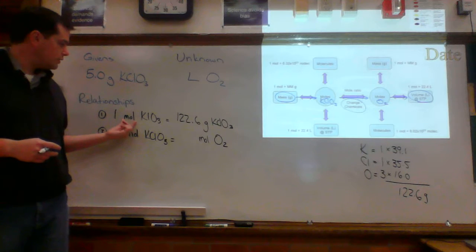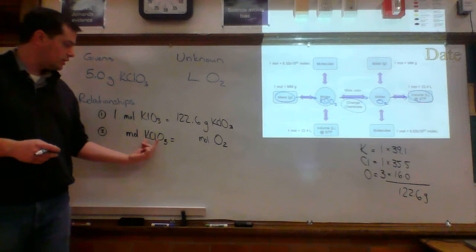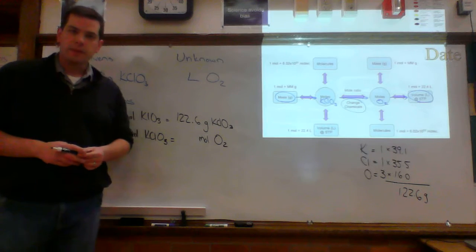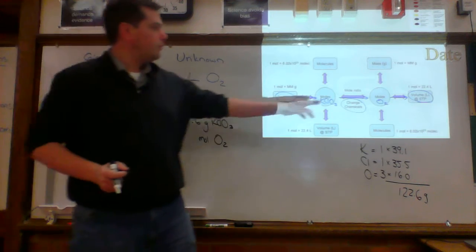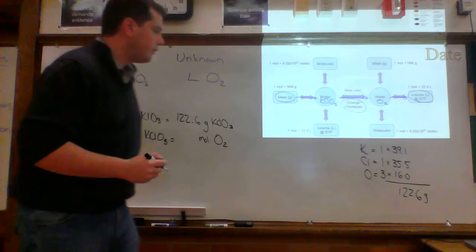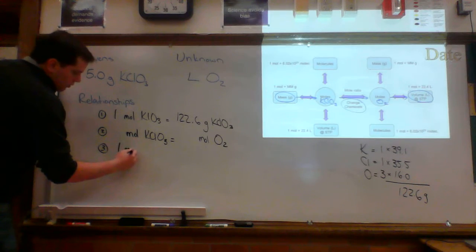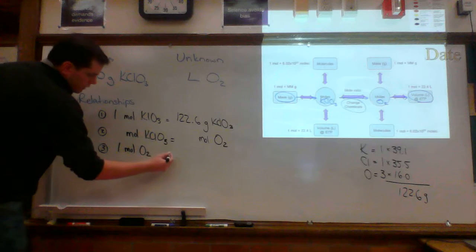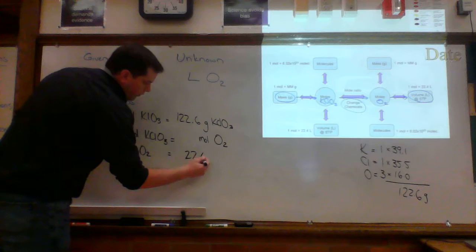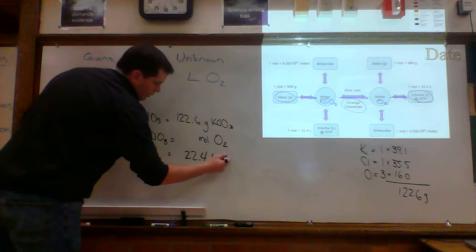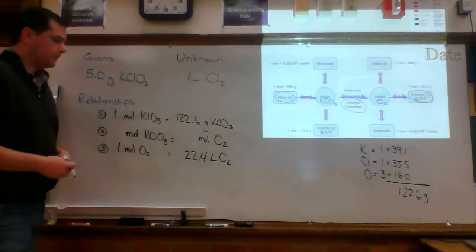So here we changed grams to moles. Here we're changing chemical to chemical. Finally, my third step is going to be to go from moles of O2 to volume of O2 at STP. So that would be 1 mole of O2 equals 22.4 liters of O2. Notice that I've got moles of O2 and I've got liters of O2.